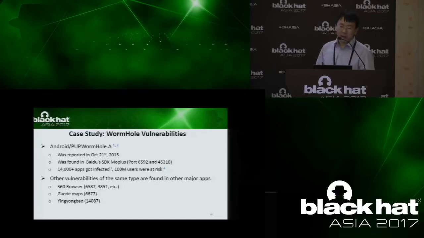Later, other similar vulnerabilities were also found in different applications, including major applications. If you look at the names, this one is by Qihoo, this one is by Gaodedi, actually obtained by Ali, I would say. So they are all big names and have a lot of users in China.